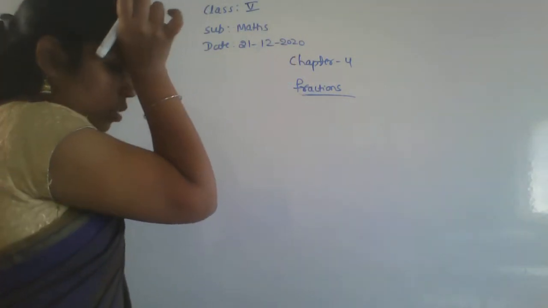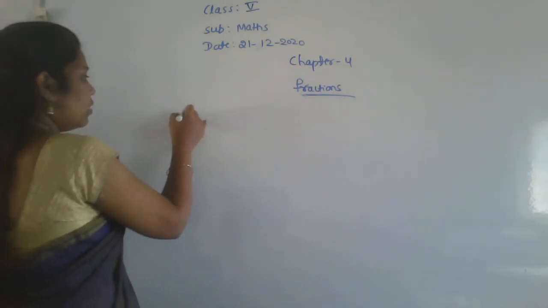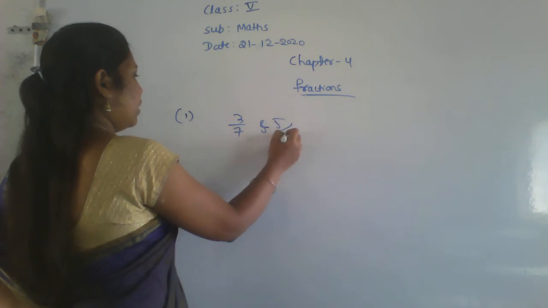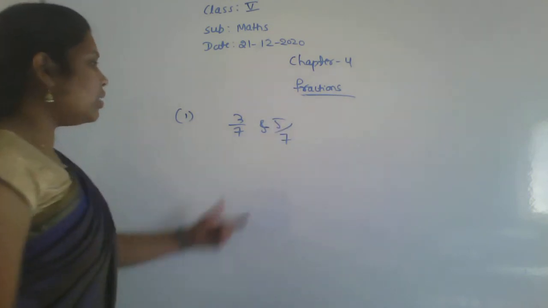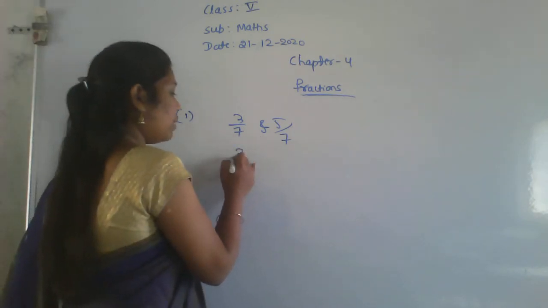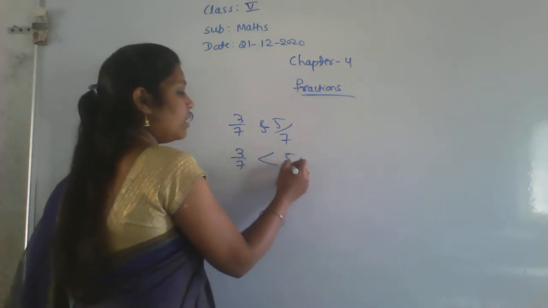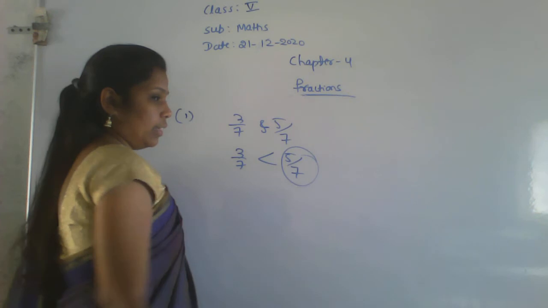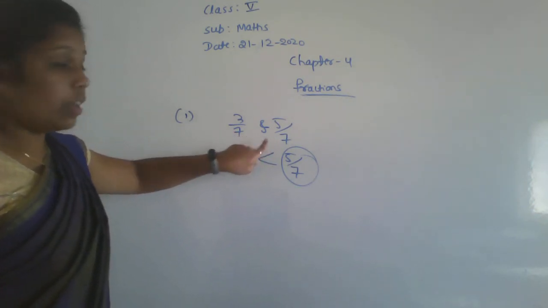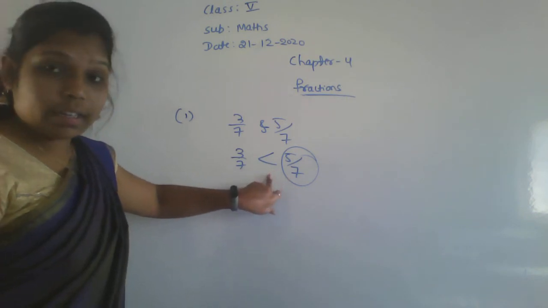Okay. So here the first one is 3 by 7 and 5 by 7. Which one is the greater? If both denominators are the same, then we can say easily that 5 by 7 is the greater value, compared with 3 by 7.